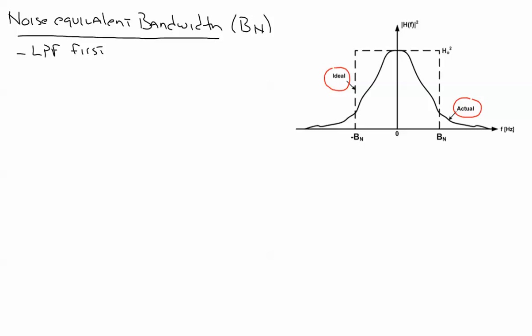You'll notice that the equivalent filter and the real filter have equal amplitude at the origin, H0. So what we're interested in doing is finding the bandwidth of a fictitious ideal low pass filter through which equivalent noise passes.